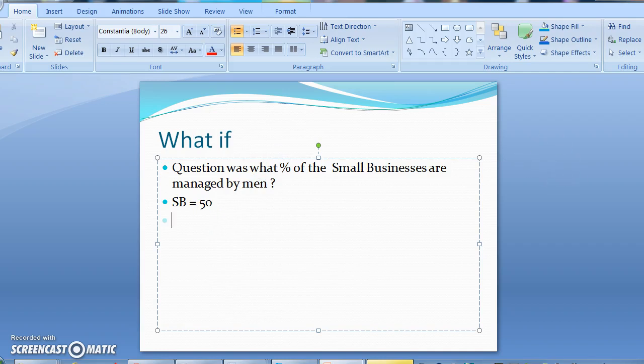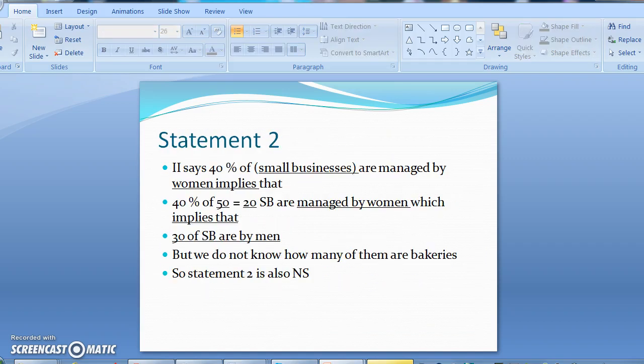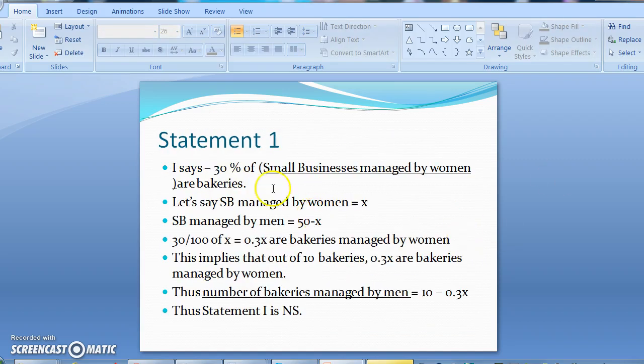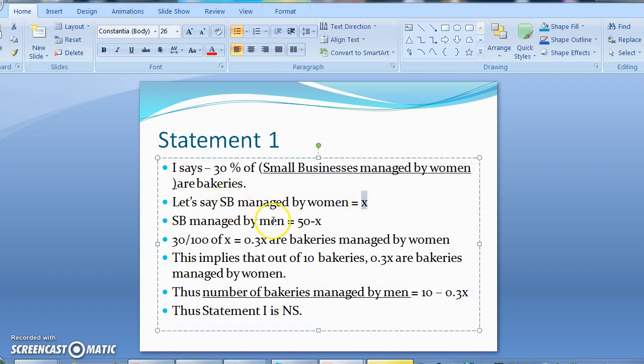Alright, so let's look at statement 1 again. Statement 1 gives that 30% of the small businesses managed by women are bakeries. So small businesses managed by women, let's say X, the small businesses managed by men become 50 minus X. Now, do we get an answer to the question of how many of the small businesses are managed by men?